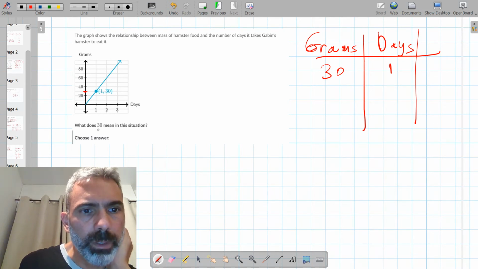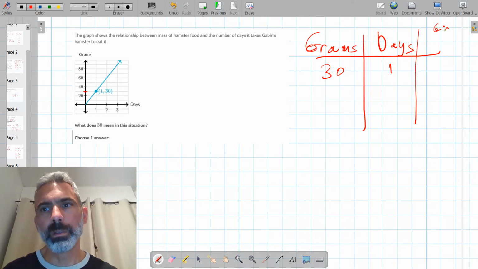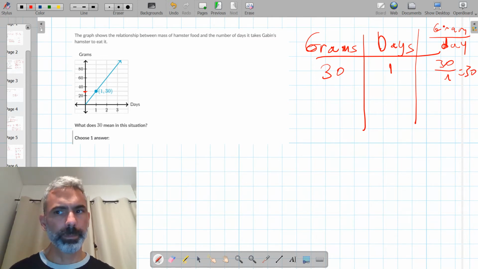Okay, what does 30 mean in this situation? The number of grams that Gabin's hamster eats per day. So grams per day is 30 over 1, which is 30. 30 grams per day.